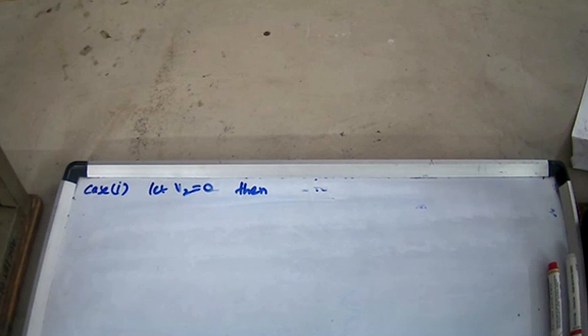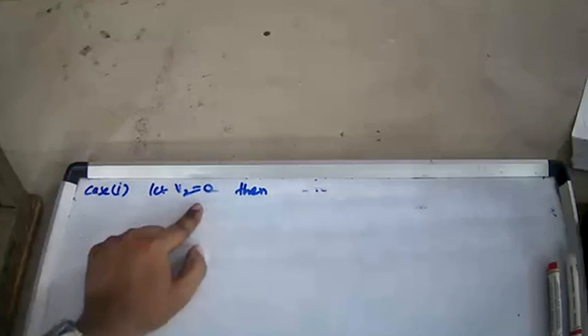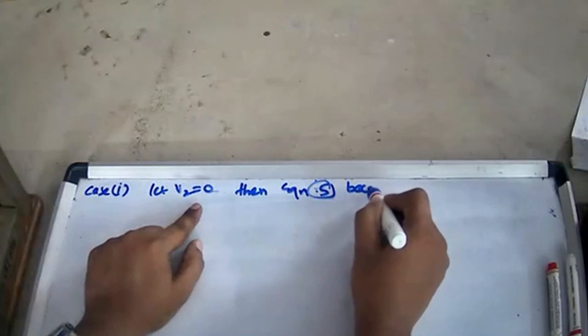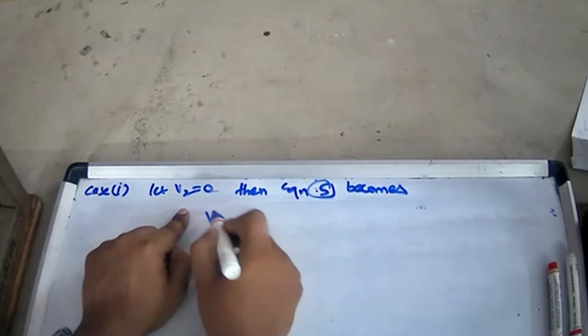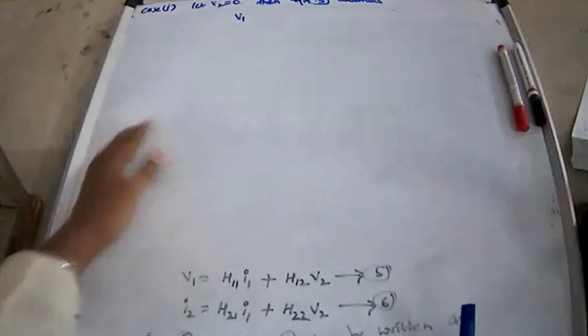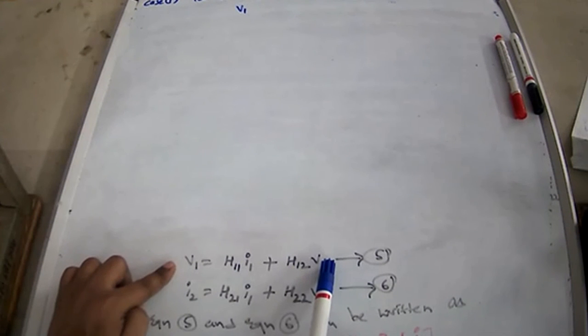Okay, so case 1 we were discussing. We said that let V2 is equal to 0, then equation 5 becomes V1. What is equation 5? We are having equation 5 as V1 equal to H11 I1 plus H12 V2, right? So when we are saying that V2 is equal to 0, this value will become 0 for us.